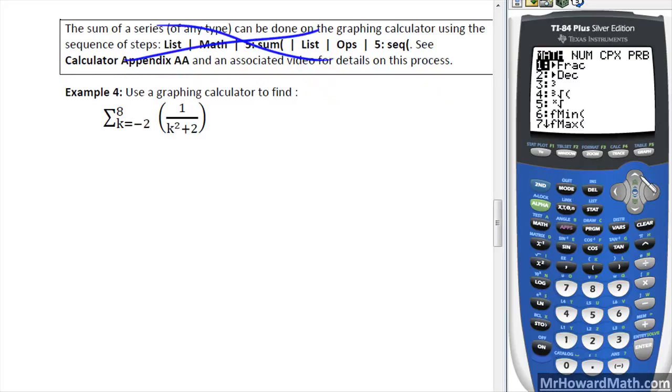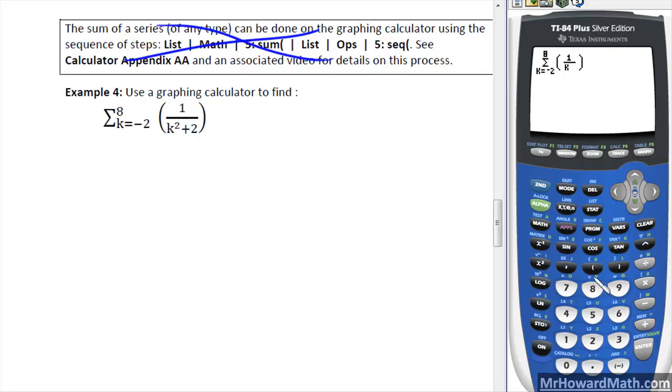Math, and then it is option 0, summation here, option 0, and we are going to use, in this case they're using k, so from k equals -2, arrow up here to 8, and our rule is, I'm going to use a fraction button here, 1 over, alpha k, where's our k at?